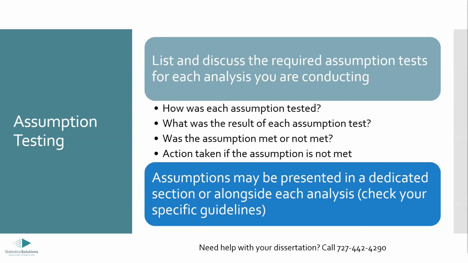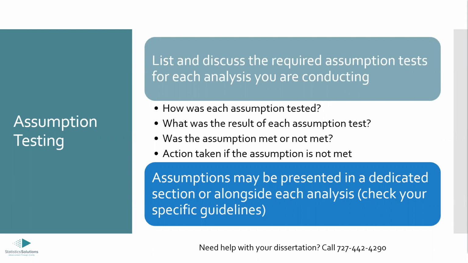Then you'll want to describe the results of those tests. So, when you look at the histograms, what do you see in the histograms? And have you determined if the data are normally distributed or not? You'll want to say whether the assumption is met or not. So based on what you saw in your tests for normality, does normality appear to be met or is it not met?